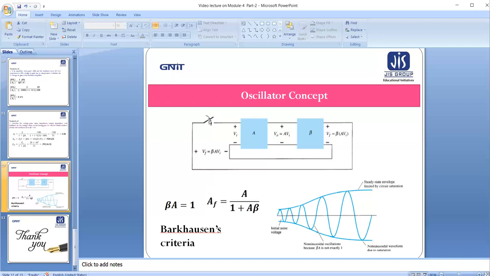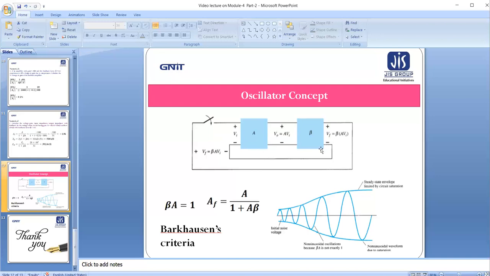Now I am thinking that I have closed the switch and applied a fictitious voltage at the input. Always remember there is no external signal, that is, VS should be 0, but for the time being I have applied a fictitious voltage VS. This fictitious voltage will be amplified by A. So V0 becomes A into Vi, which is a measurable voltage.